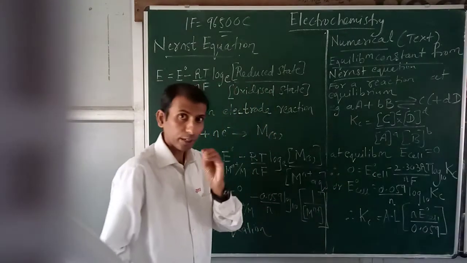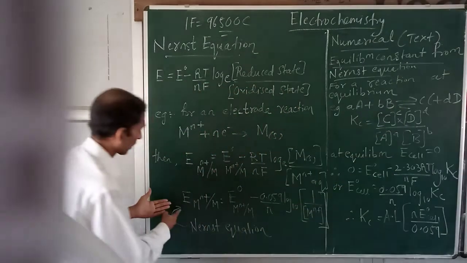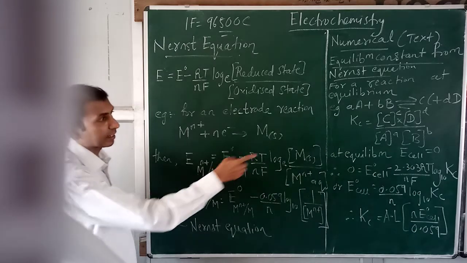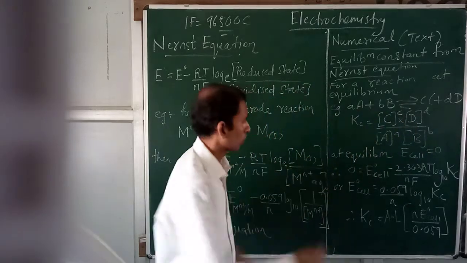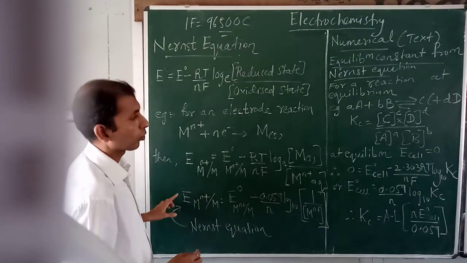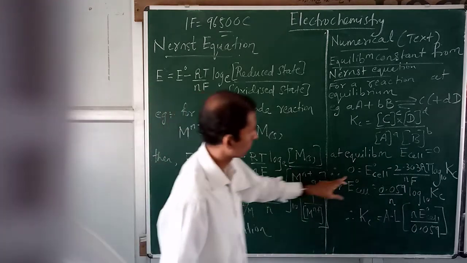And a very important condition here: at equilibrium, the electrode potential, or E cell, is taken as 0. So you substitute 0 in this equation, so this part becomes 0.